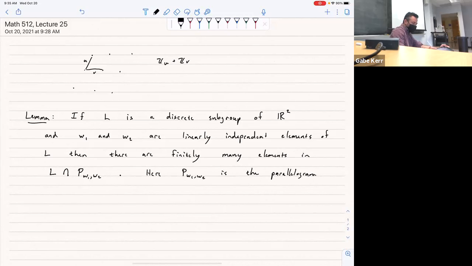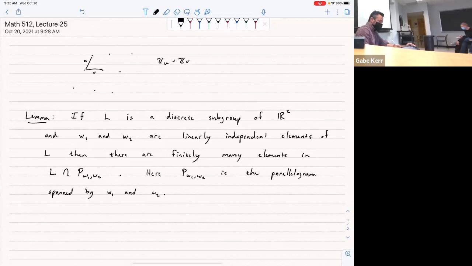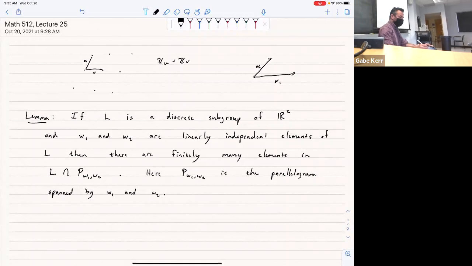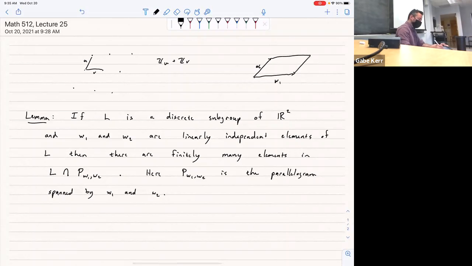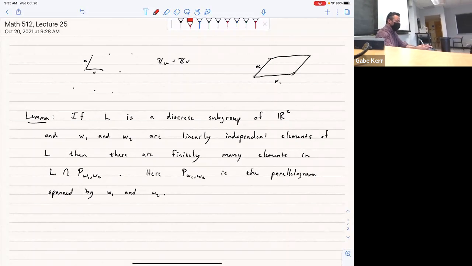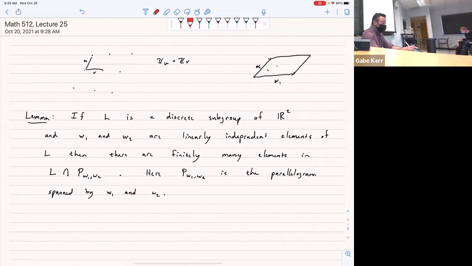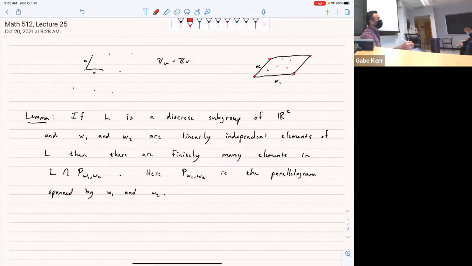Not how it's phrased in Artin, but it's the same statement. In other words, if I have a couple of vectors in R2, and I make this parallelogram, and then I look at the inside of this parallelogram and the intersection with the lattice, well, some points will be in there, but there are only going to be finitely many.